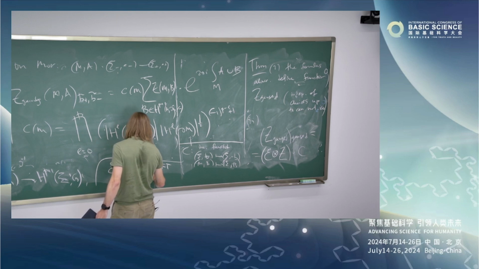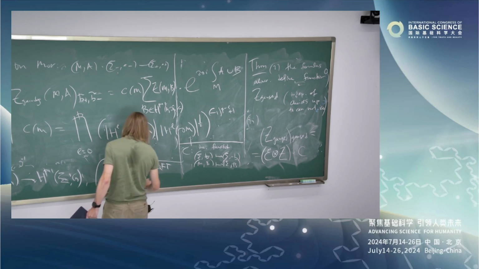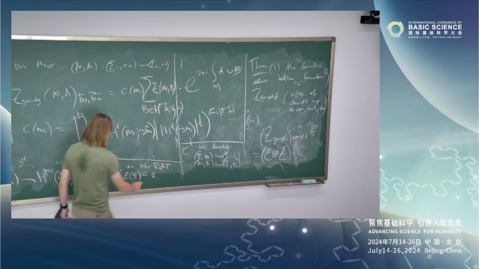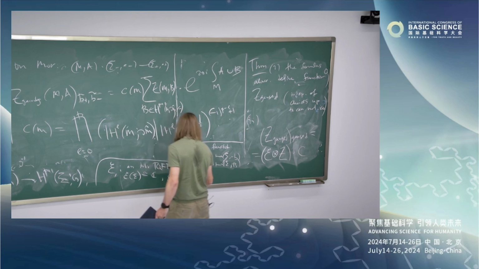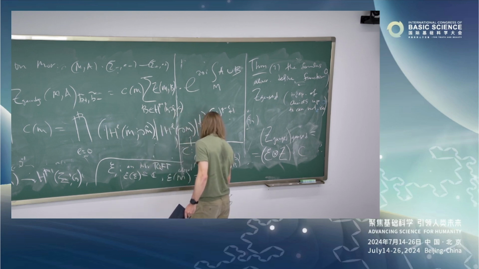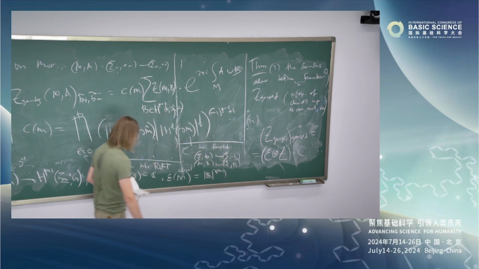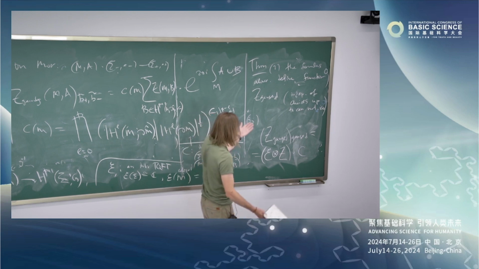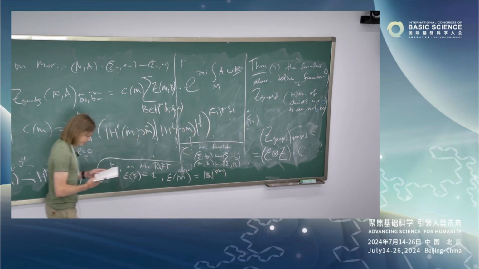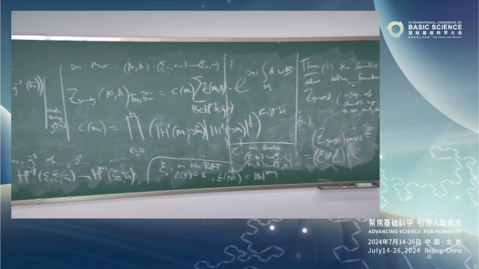On a D-dimensional manifold, it is just a copy of C as a vector space, and on a closed D-dimensional manifold, the value of the partition function is the number of elements of G to the Euler characteristic. And the proof is essentially by calculation and some basic algebraic topology tools. I stop here. Sorry about that.